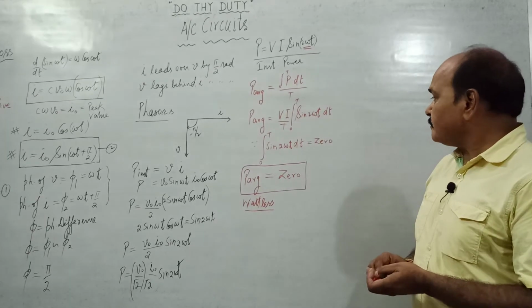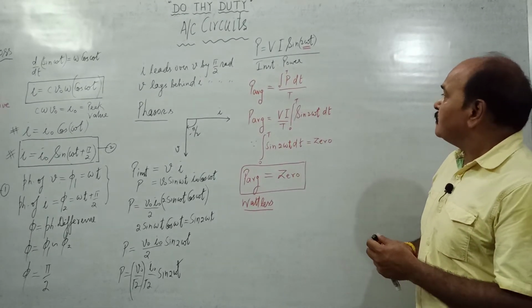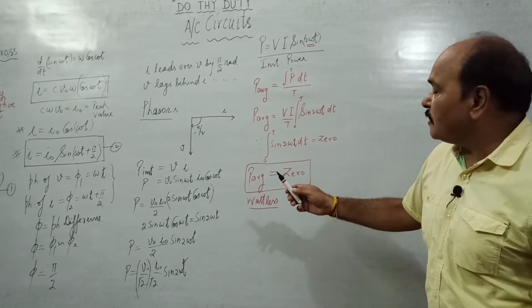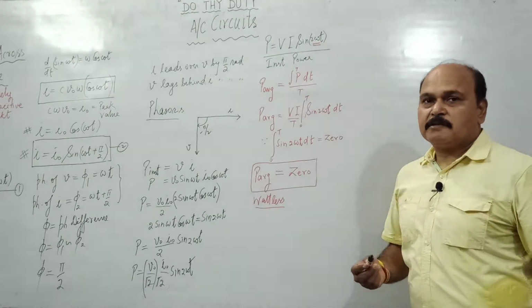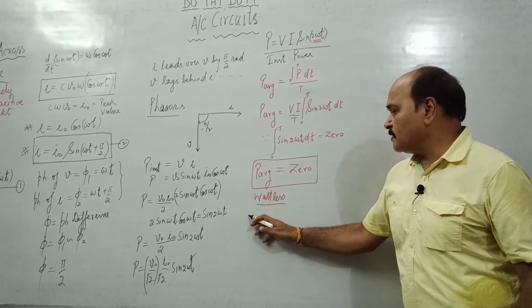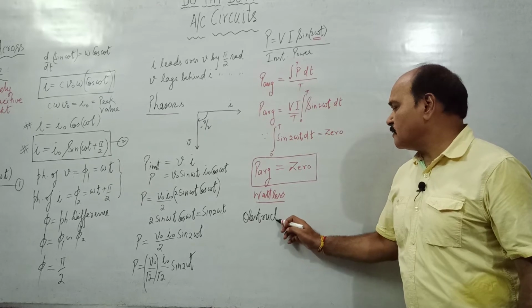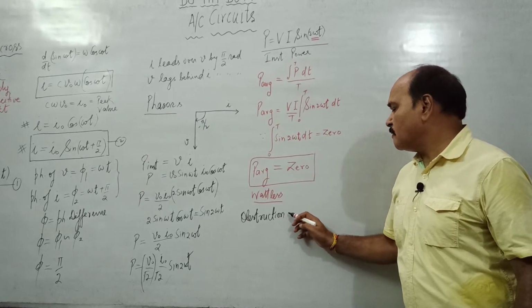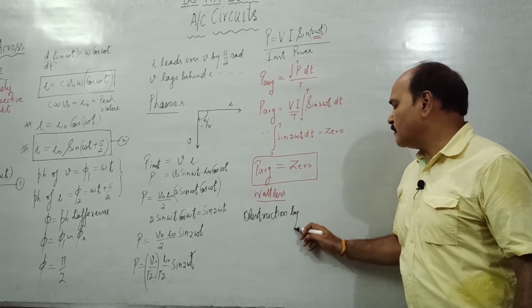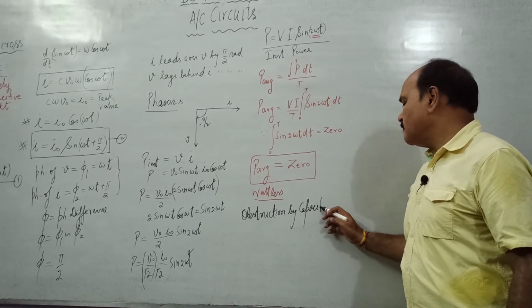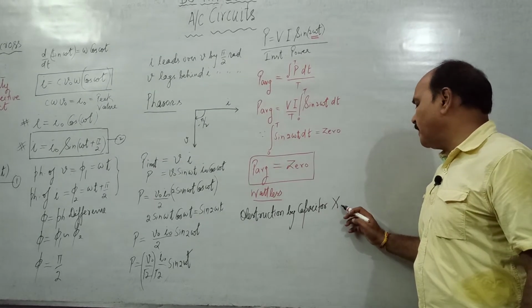Well, let us now see the obstruction offered by capacitor. So what is this obstruction? Obstruction to current by capacitor. This obstruction to current by capacitor is XC.